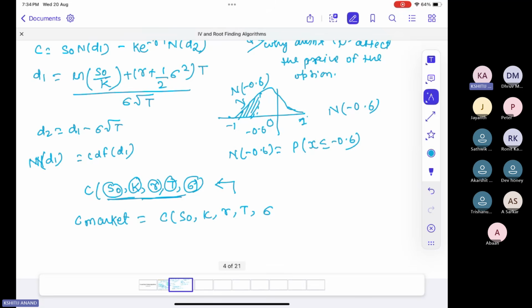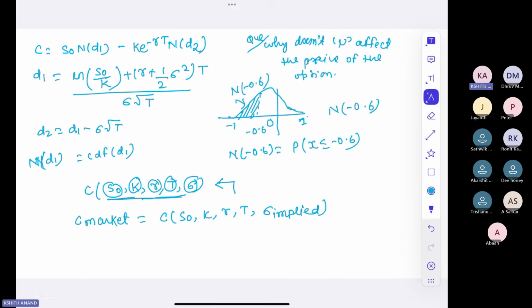So what value of sigma should we put into this Black-Scholes formula so that the price comes out to be 10? This particular value of sigma is called implied sigma, or implied volatility. The value of sigma which, when put into the Black-Scholes equation, gives you the market price of that particular option, is called implied volatility.